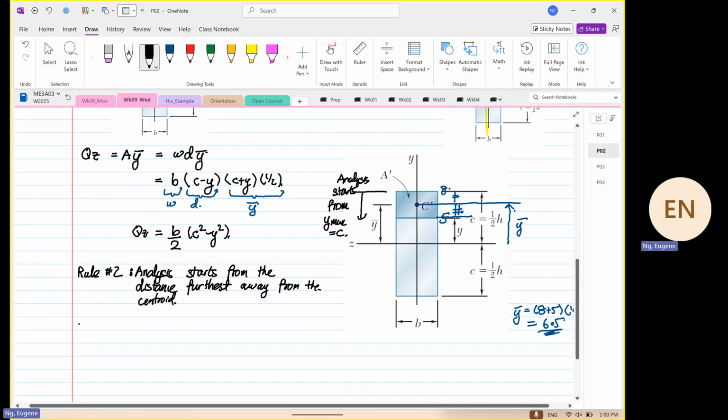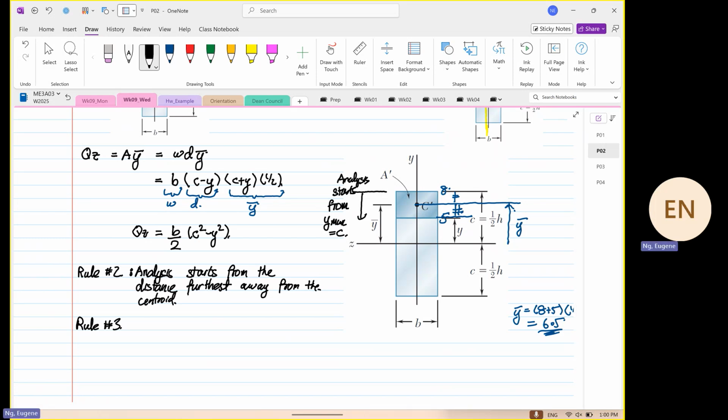rule number 3: the datum is at the centroid. And from here, we have rule number 4.